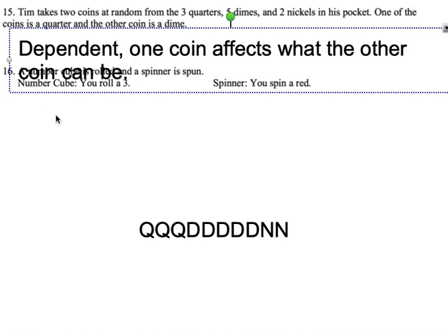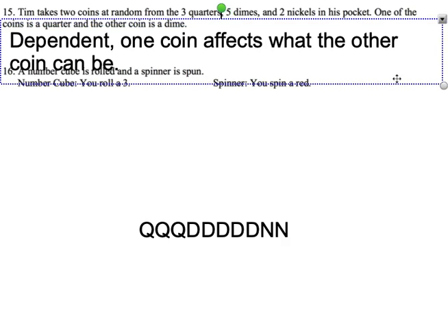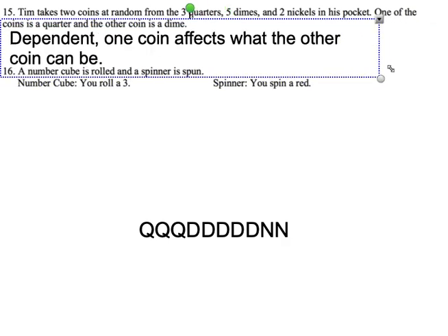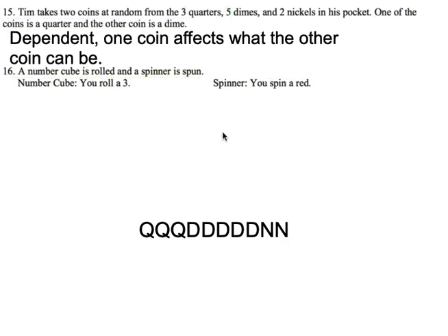And this would be a little bit more obvious if, let's say, you only had 1 nickel. Because if you got a nickel, there's no way for you to get another nickel. So one coin does affect what the other coin can be. It doesn't affect what the other coin is, just what the other coin can be.